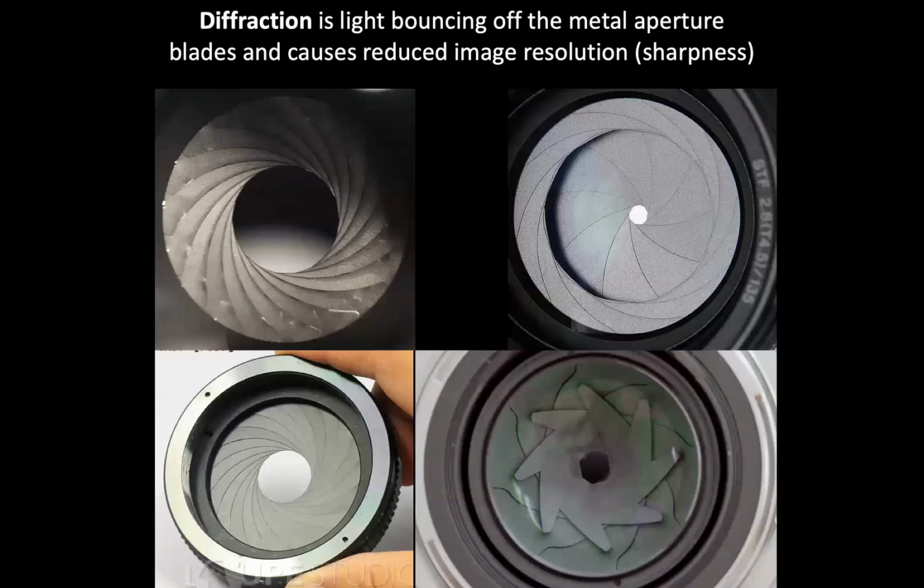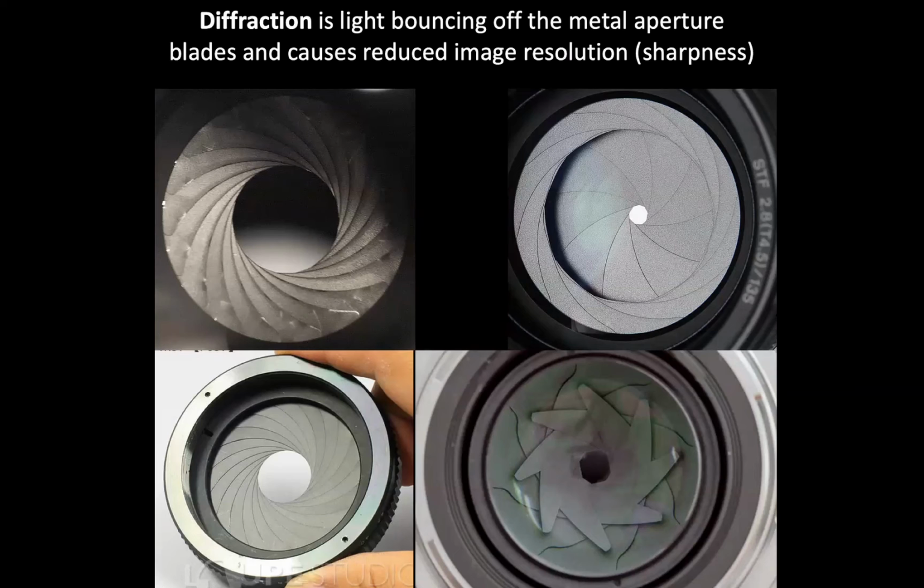Now, on the other end of the spectrum, we have to keep in mind that our lens apertures are typically made out of metal blades, and they make a circle of some sort. Some of them, like this top left illustration and the bottom left illustration, have something like 17 different blades, whereas the right-hand side are more like 9 or 11 blades.